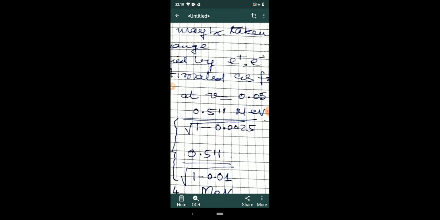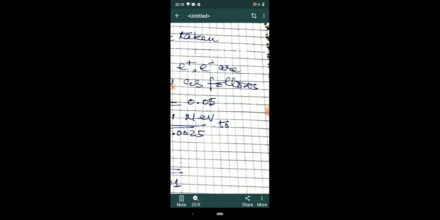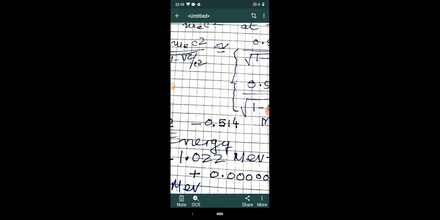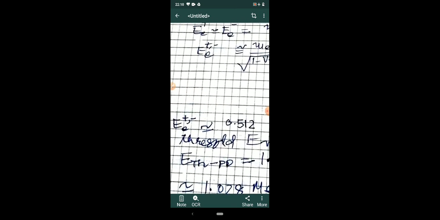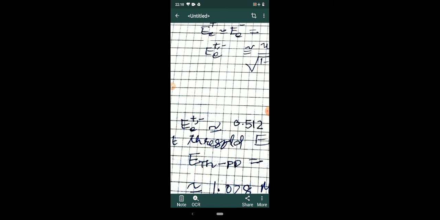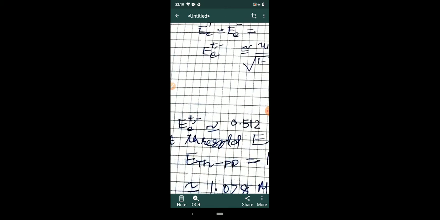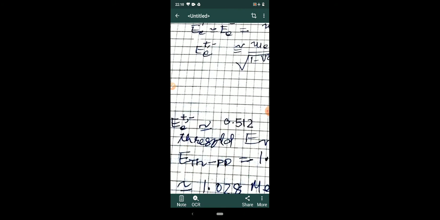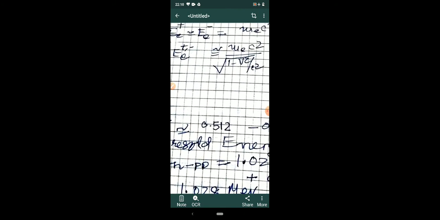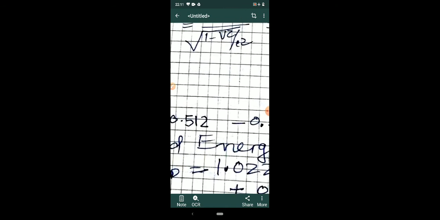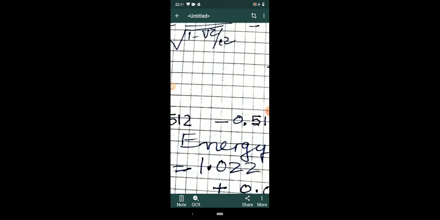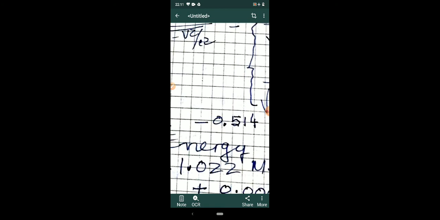If I take the value of v/c between 0.05 and 0.1, then I get these two values, and therefore you will see that the energy carried by the electron and positron each varies from 0.512 to 0.514.